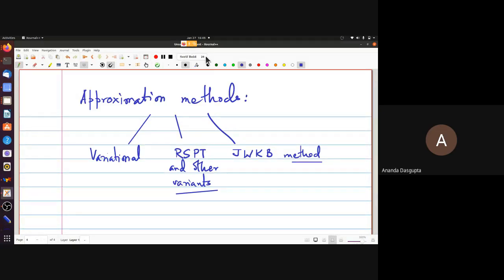And we will need to be conversant with all of them, not only because they give you various nice approximation methods of solving energy eigenfunctions and eigenvalues in situations where exact solutions are not available, but also because sometimes they lead to other very important results.